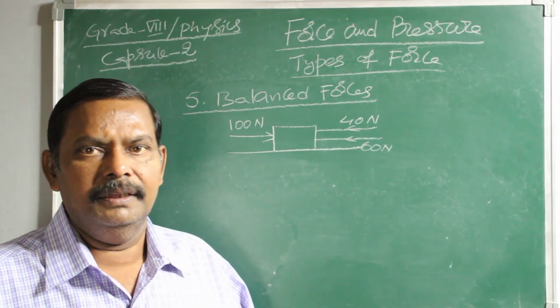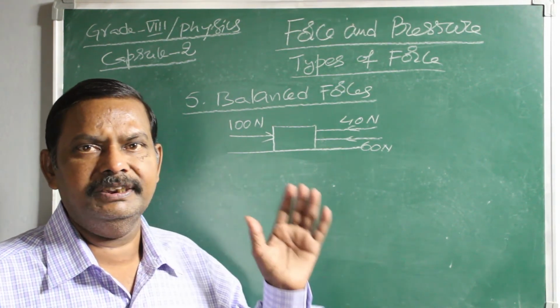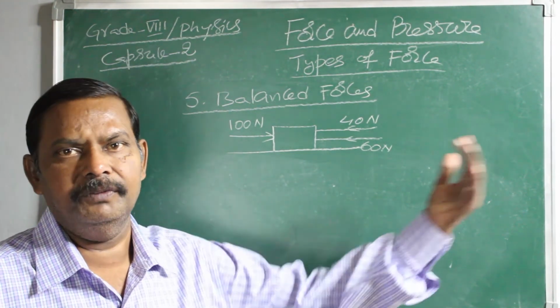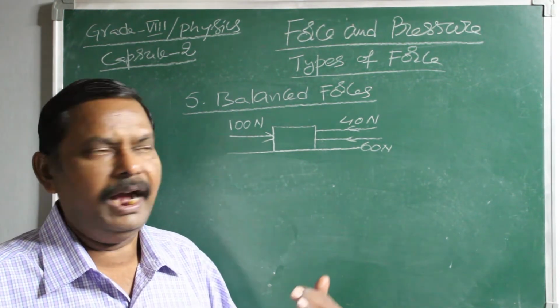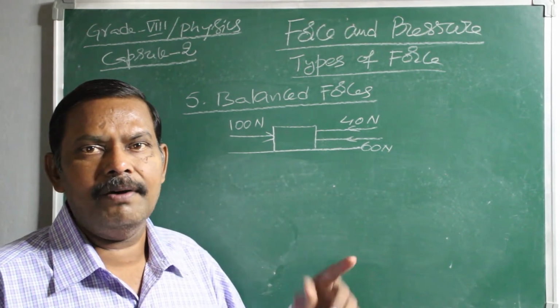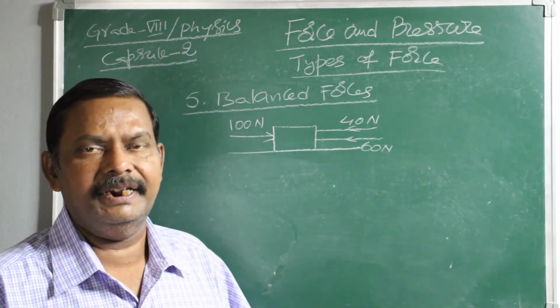Now, there are three forces acting on the same body. One force is acting from left to right and the other two forces are acting from right to left. The force acting from left to right is 100 and the sum of the forces acting from right to left is 40 plus 60, which is 100.